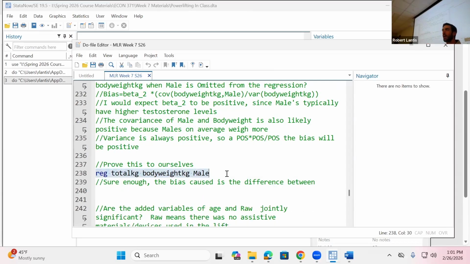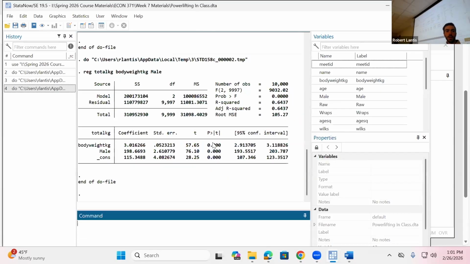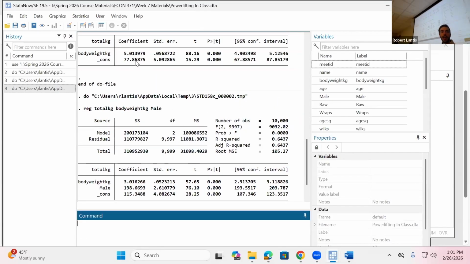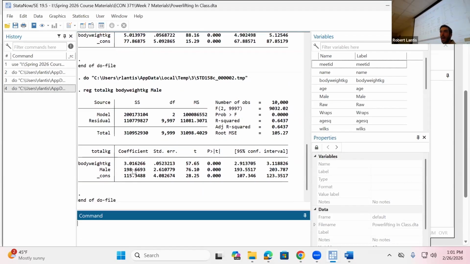So if I did include that male variable and I run this regression, right? If I have my naive regression and the one where I've now included that omitted variable, how would I determine the bias? So I could say whether it's positive or negative, but if I did this, I can actually tell you what the actual value is. Why?